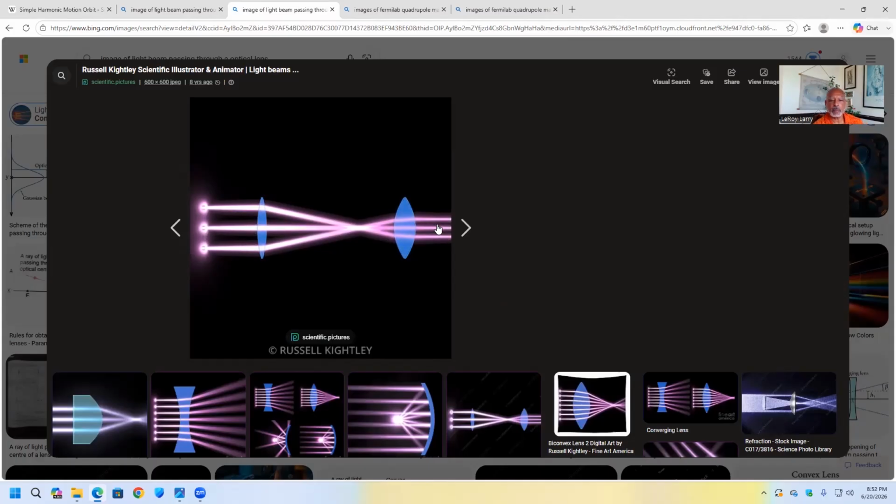So these quadrupole magnets are performing the same function, but instead of focusing a beam of light, which is what these optical lenses are doing, they're focusing a beam of protons, okay?